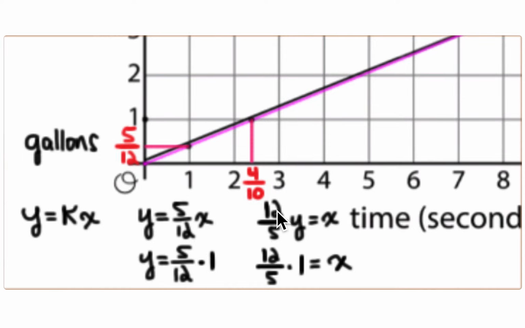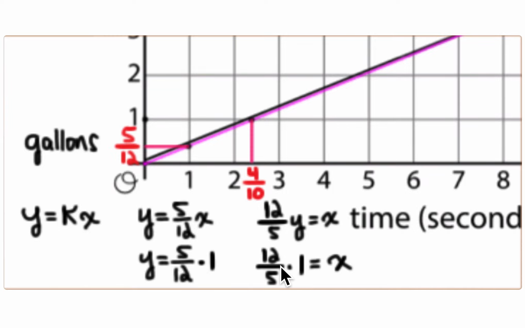So now it's 12/5 seconds times 1 gallon equals the amount of time it takes to have that 1 gallon in the bucket.